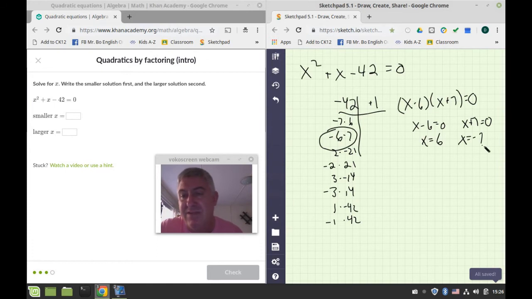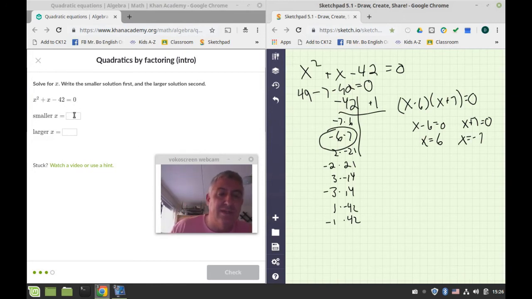I'm going to put in the negative 7 because that's probably the one. Negatives are always where I make mistakes. So negative 7 squared is 49, minus 7 minus 42, and that is equal to 0. Okay, so it looks good. And we want the smaller x. The smaller one is the negative 7, and the larger one is the positive 6.